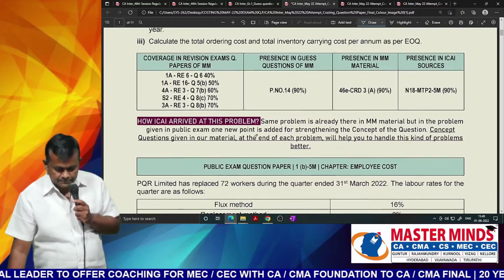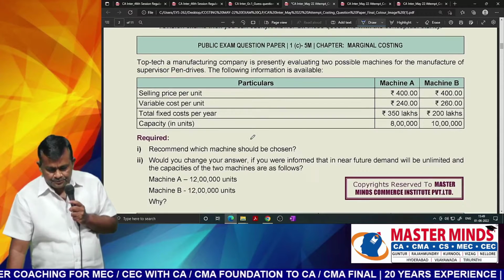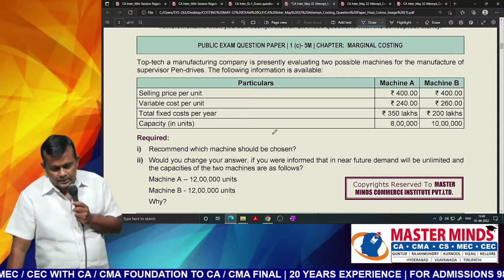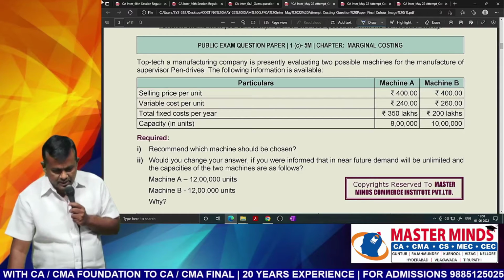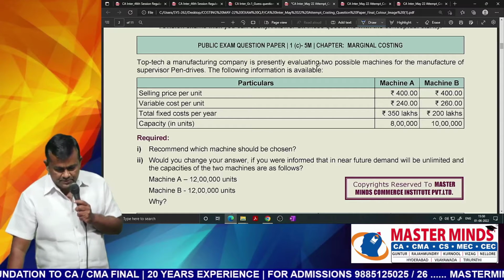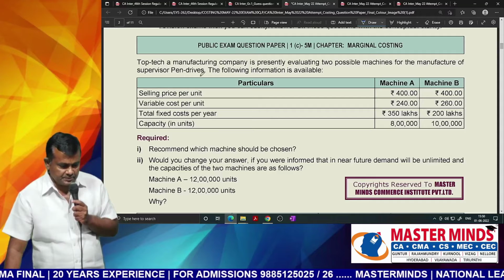Right. Next, 1C. Public exam question paper 1C, sir. So 1C, this is marginal costing. TopTech, a manufacturing company, is presently evaluating 2 possible machines for the manufacture of supervisor pen drives.